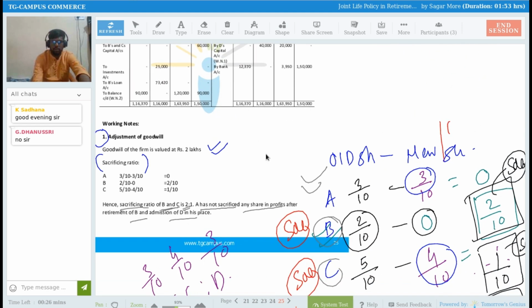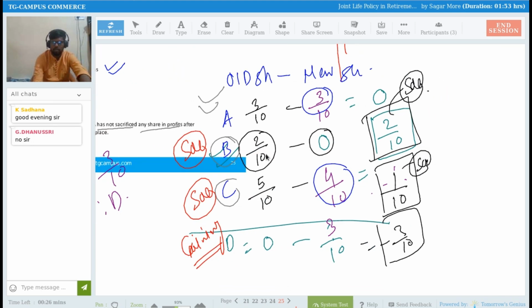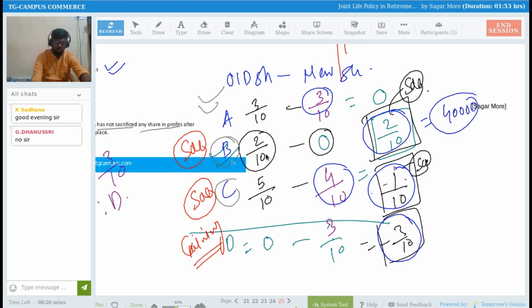Can you calculate 2 lakh rupees? Apply 2 by 10 on 2 lakh rupees, then 1 by 10 on 2 lakh rupees, and 3 by 10 on 2 lakh rupees. Just apply it. 2 lakh multiplied by 2 divided by 10, I guess 40,000. 2 lakh multiplied by 1 divided by 10, 20,000.